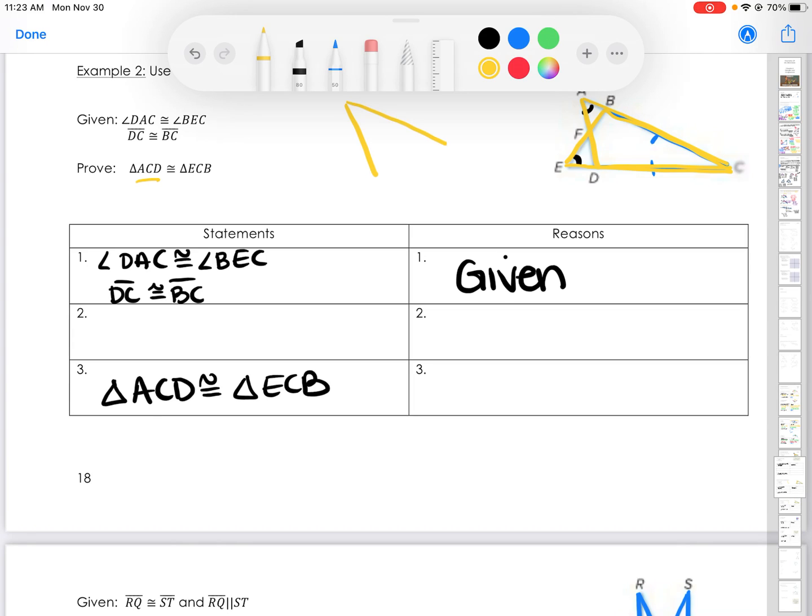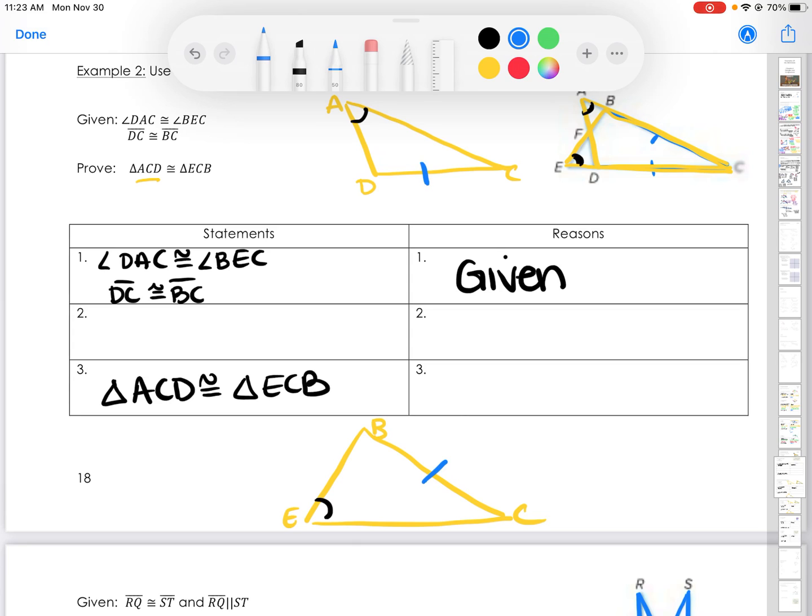We have ADC, and we have triangle EBC. Okay, we said that angle A and angle E are congruent. We said that BC and DC are congruent. So here's BC and DC.